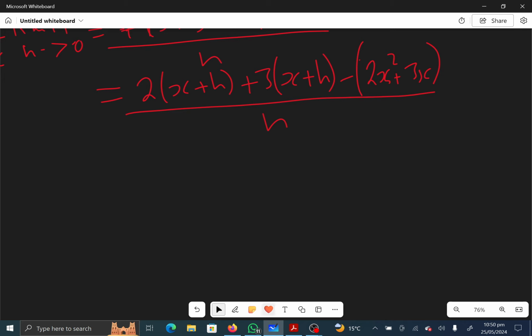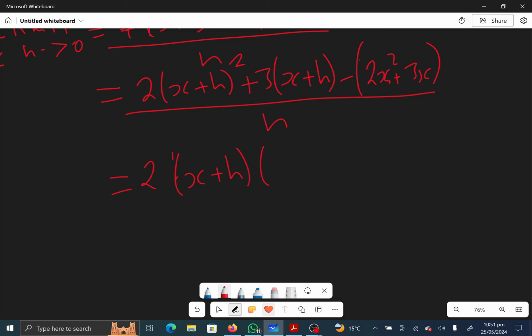fraction. So we can factorize by now. So this will be 2, there's a squared here, so this will be 2x plus h.